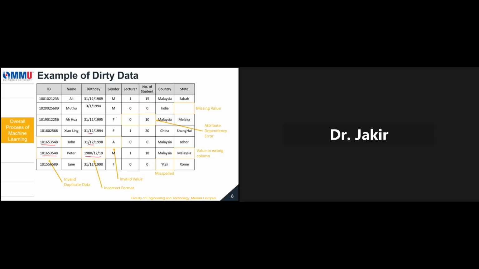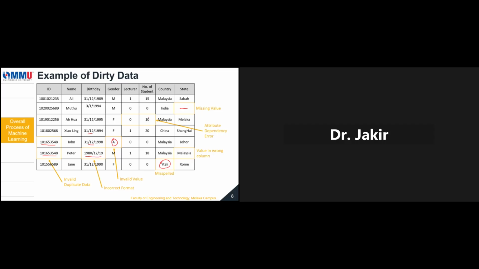And gender is male and female only, but suddenly an a comes here, so this is an invalid value. Misspelled is this one here, it should be Italy, but it is misspelled here. All right, and here are missing values. You see here, there are no values, they are missing.